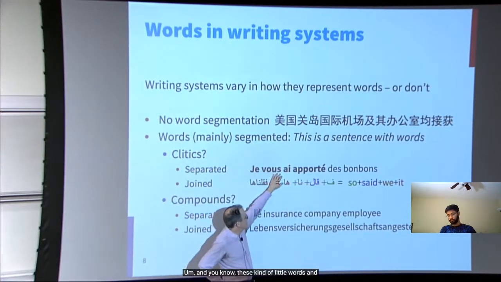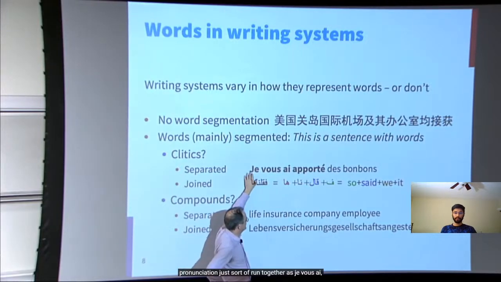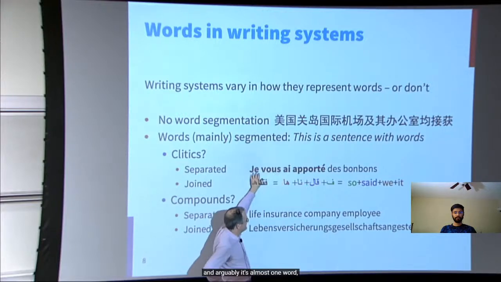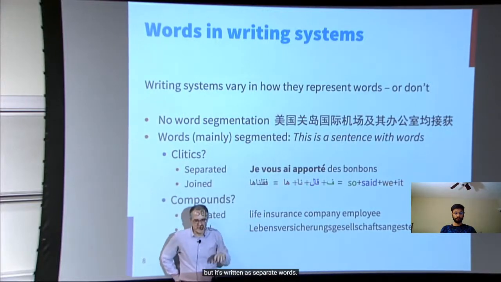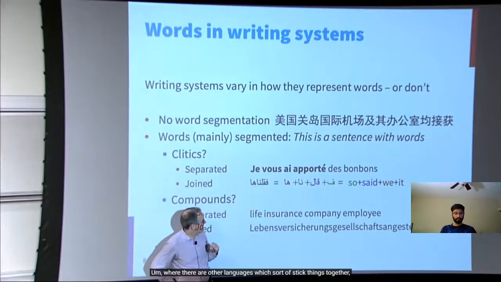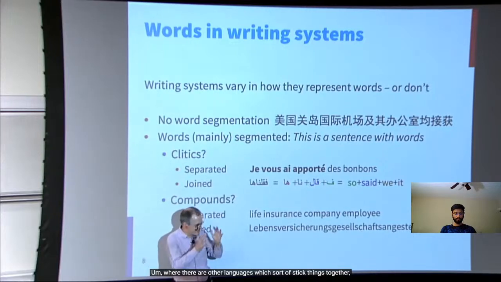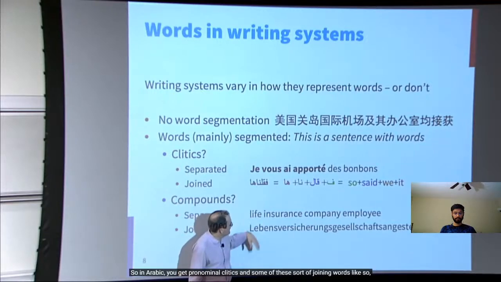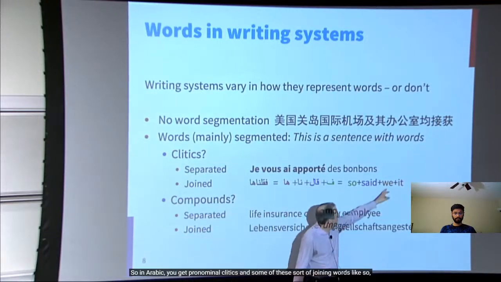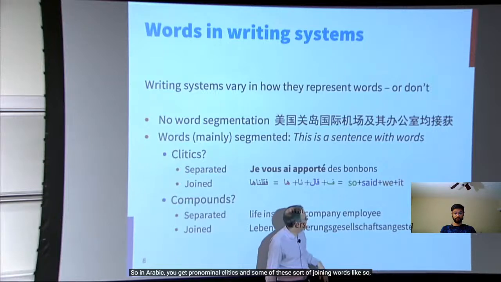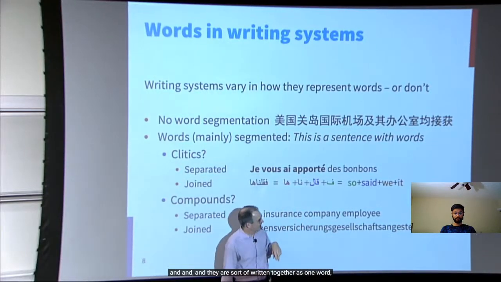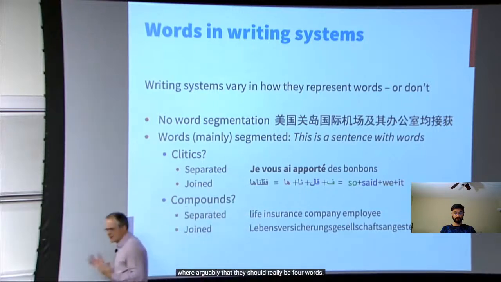And these little words in pronunciation just run together as je vous ai, and arguably it's almost one word, but it's written as separate words. Other languages stick things together where arguably they're separate words. So in Arabic, you get pronominal clitics and some of these joining words like so and that are written together as one word, where arguably they should really be four words.